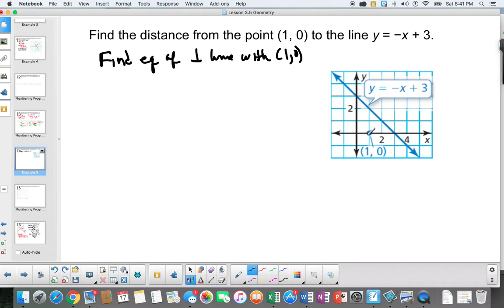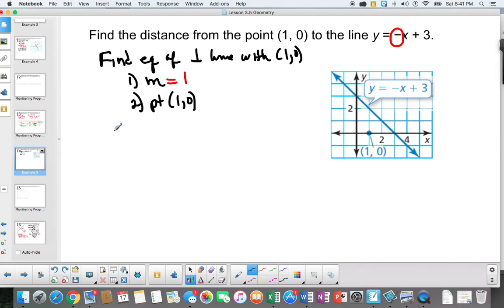So here's (1, 0). I want to draw the perpendicular line, which requires two things. It requires a slope and it requires a point. Now the point I've already been given is (1, 0). And since I'm looking for a perpendicular, I'm going to look at this slope right here, and I want the opposite reciprocal, so my slope that I want is 1.